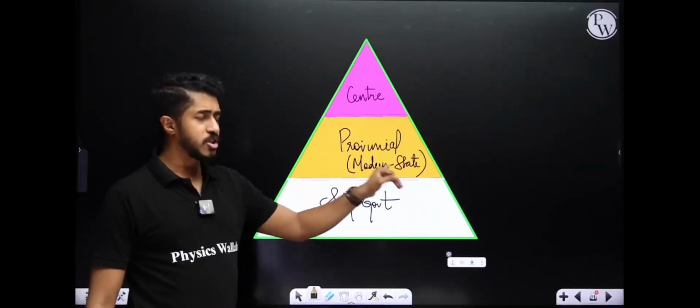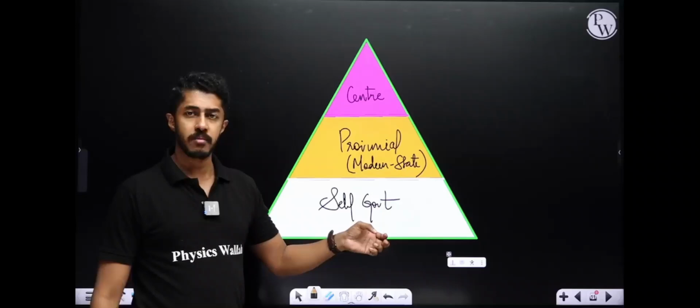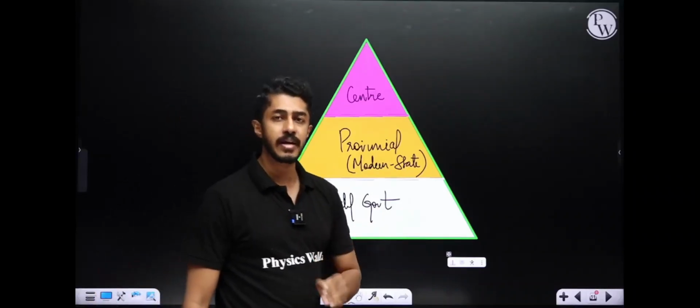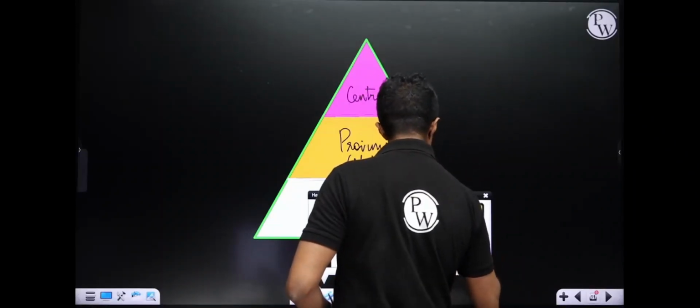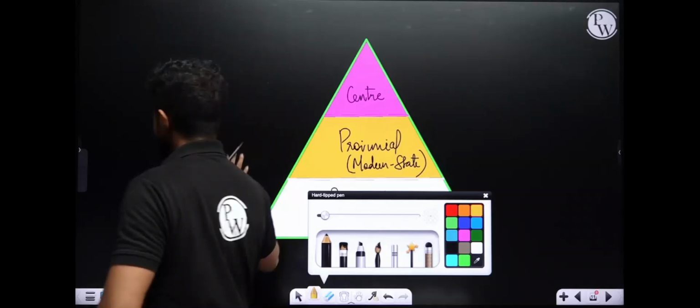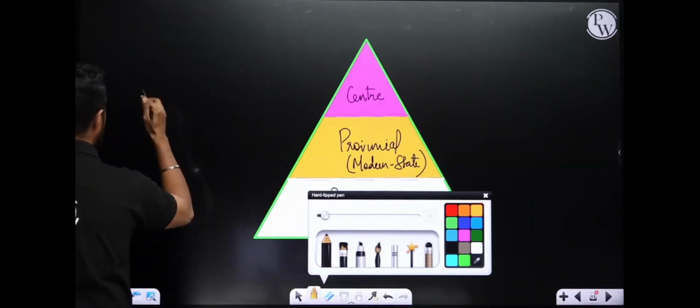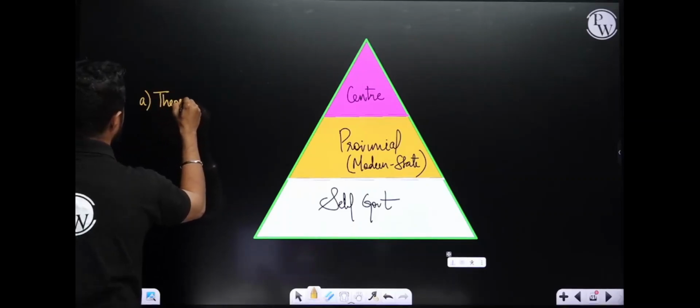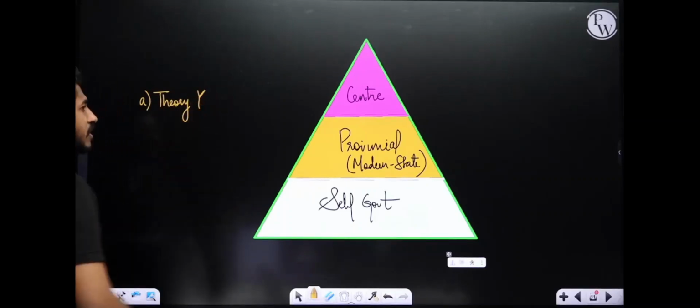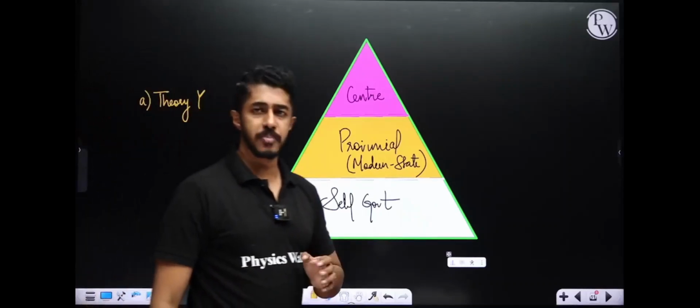So the provincial autonomy or local self-government was all just a diversionary tactic. Why a diversionary tactic? Simply put, all of this is going to make sense only if, number one, Theory Y behavior is exhibited by the people.